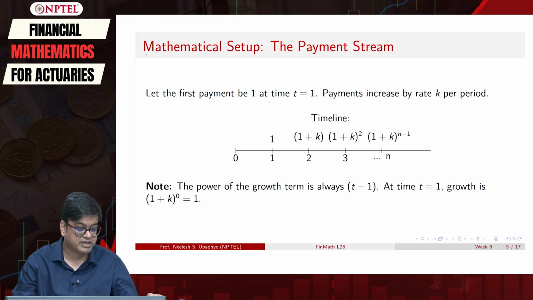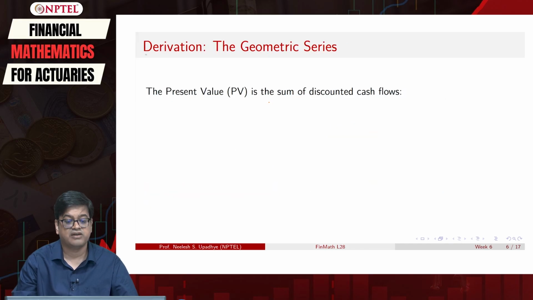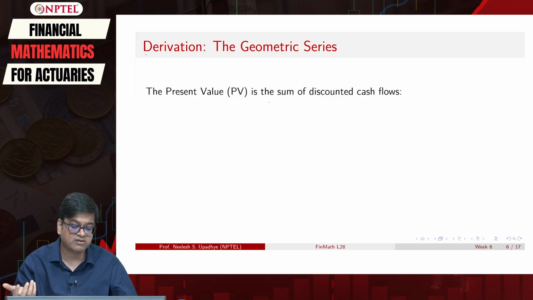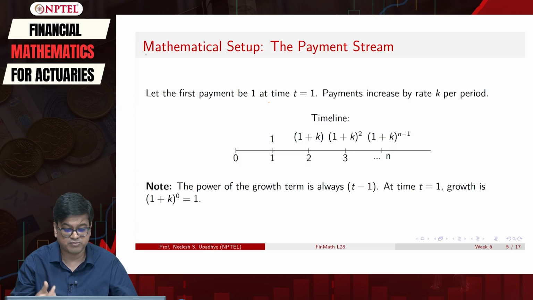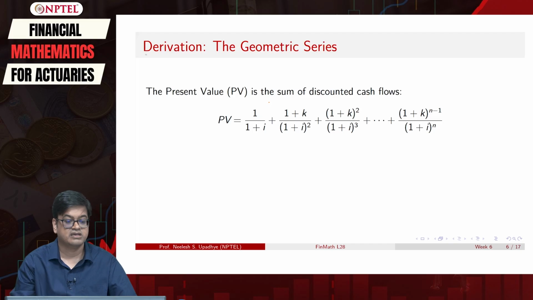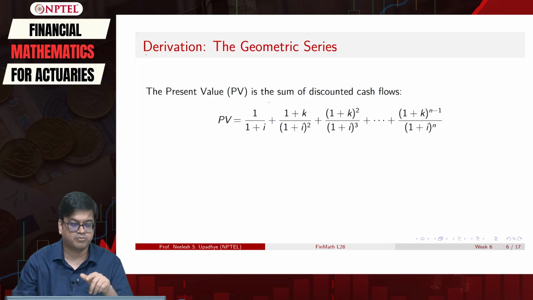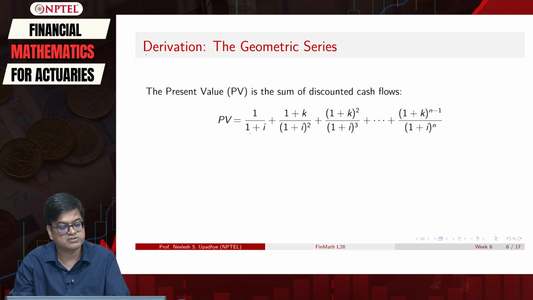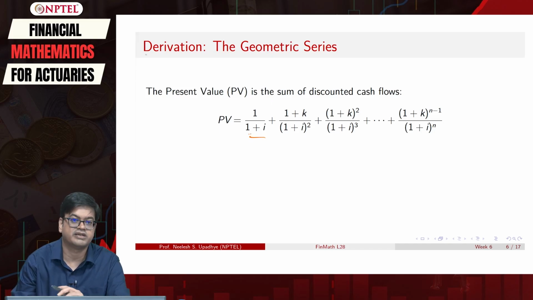So, what is happening here is the interest rate given is I. If I want to calculate the present value of these discounted cash flows which are growing 1 plus k, 1 plus k squared and so on, I need to compensate them with the discount factor, which is V. For the first period, you multiply by V, which is 1 upon 1 plus I. That is where the present value calculation shows the first 1 plus I in the denominator.